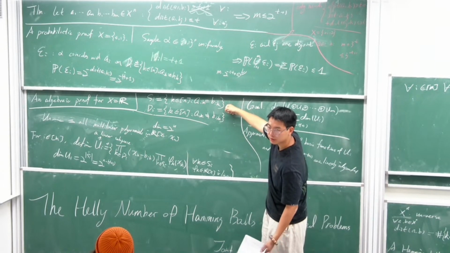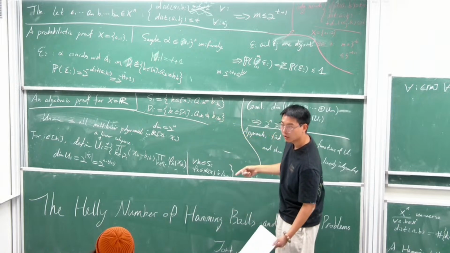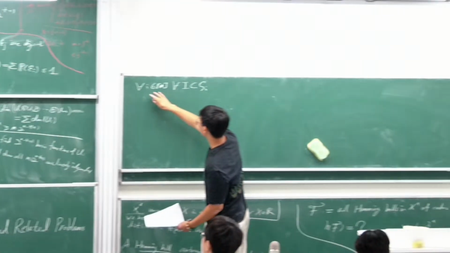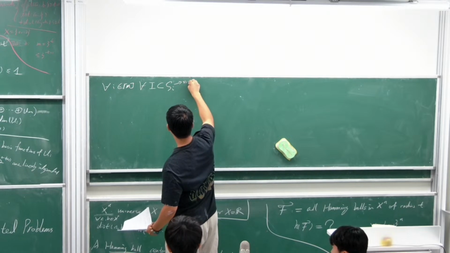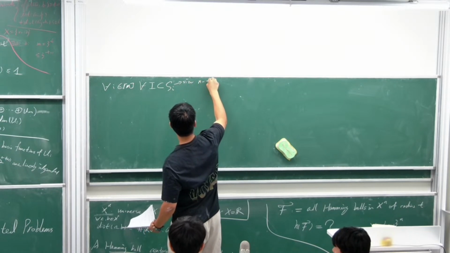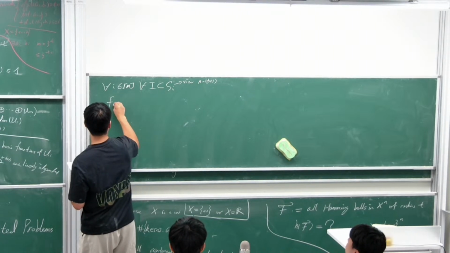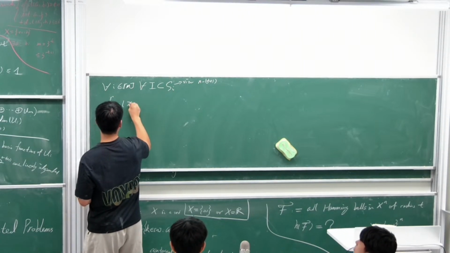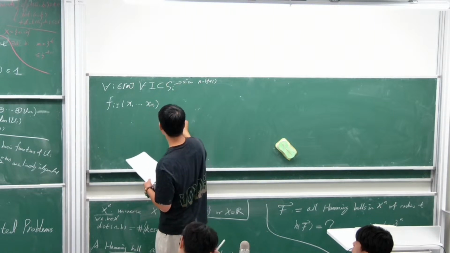This will give us exactly 2 to the n minus t plus 1. So for each subset of the same part, we define Fi,I to be a multiplication of 3 parts.